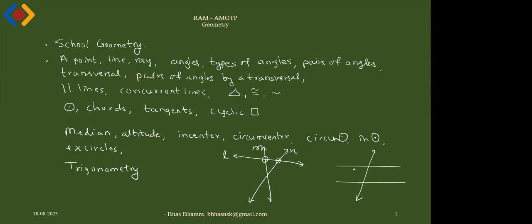But in transversal, there is no word parallel. So what I mean here about school geometry is that you must read the textbooks critically and find out the definitions. Moreover, we consider the terms in the same plane. So if we miss the word coplanar, we are not going to bother.